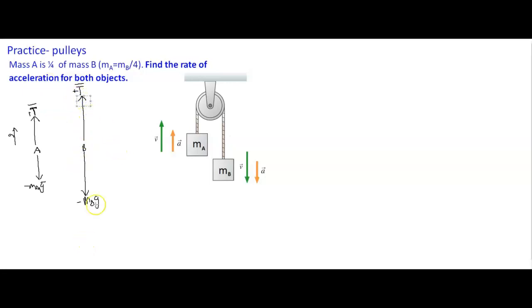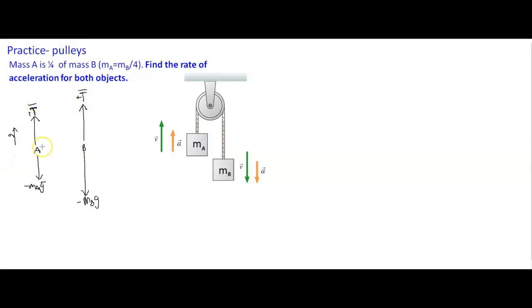Since it's accelerating down, the net force is going to be down on object B. So that means the upward arrow is going to be smaller than the downward arrow.